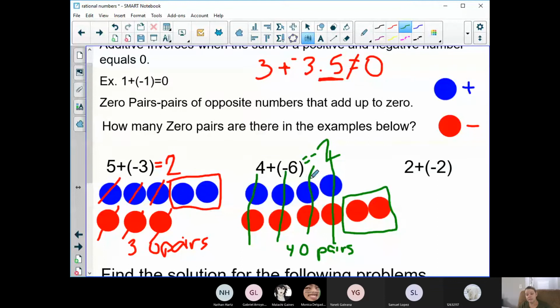Since there was a smaller amount of positive than negative on this second one, what happened to our answer? What do you mean it changed?